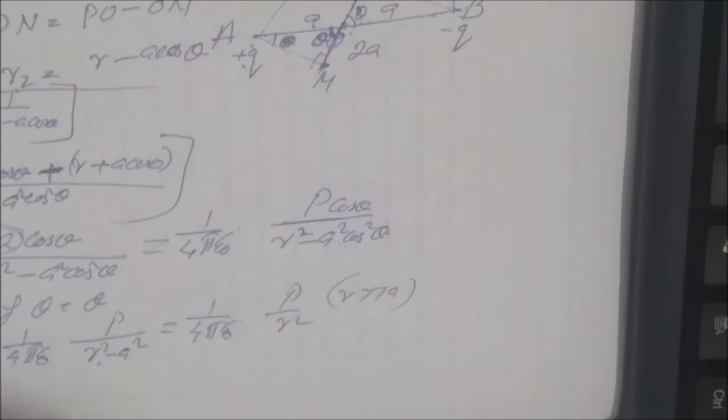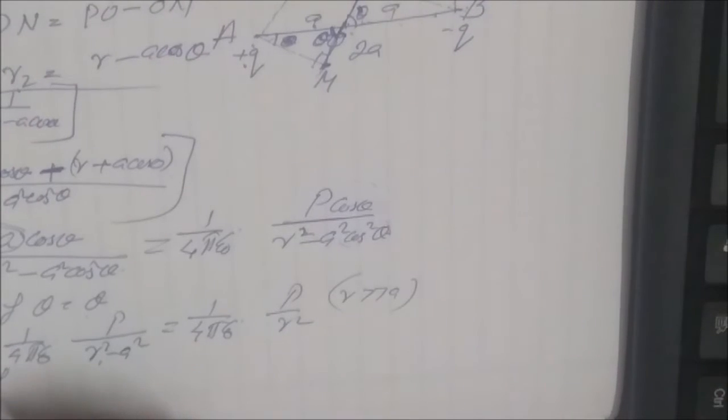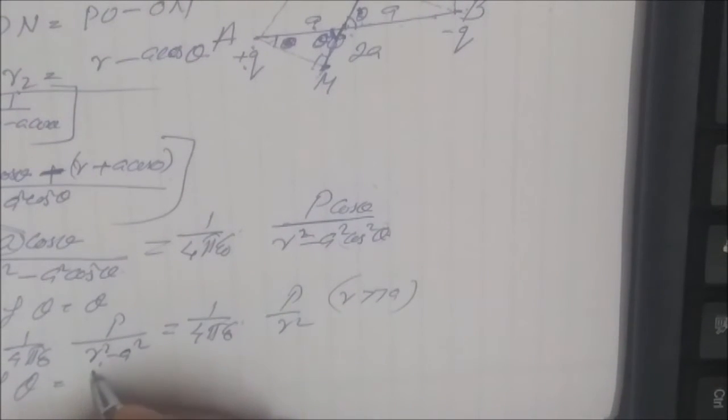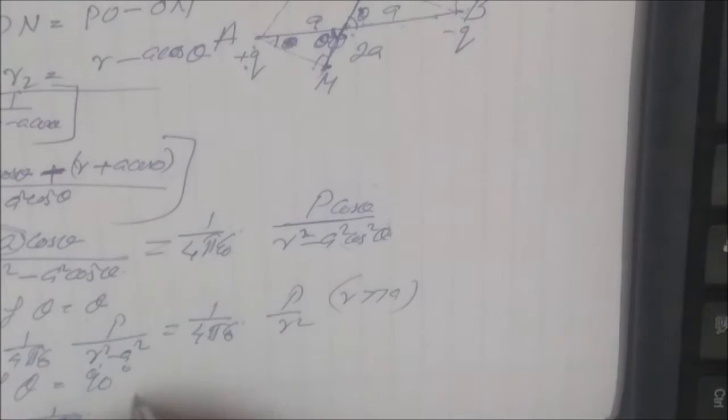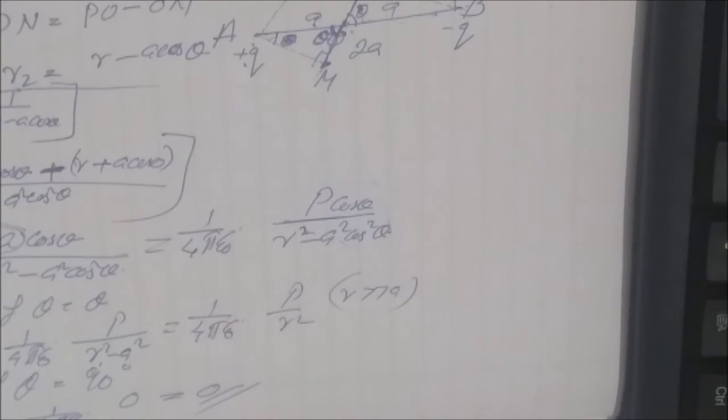So in case 2, if theta is equal to 90 degrees, then this equation became V is equal to 1 by 4 pi epsilon 0 into 0. So this answer became 0. That is, if the point P is at the equatorial point, then the electric potential is 0.